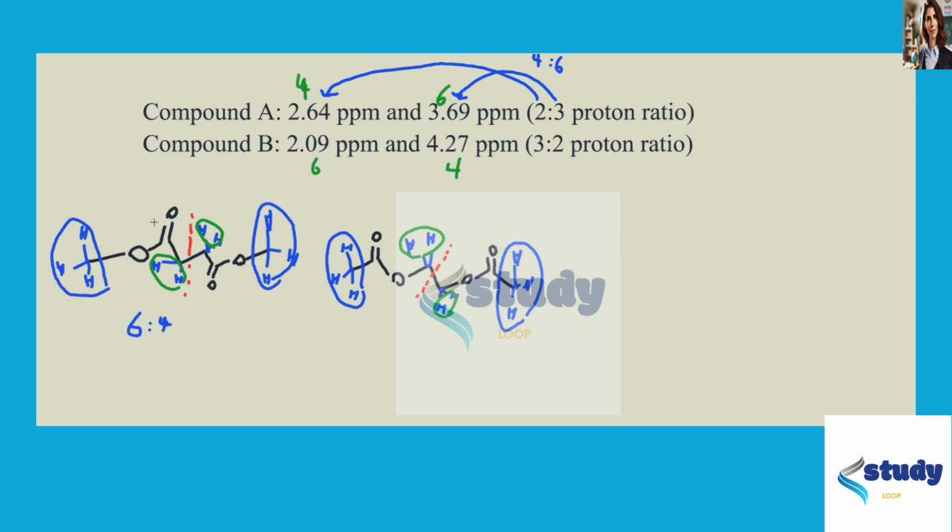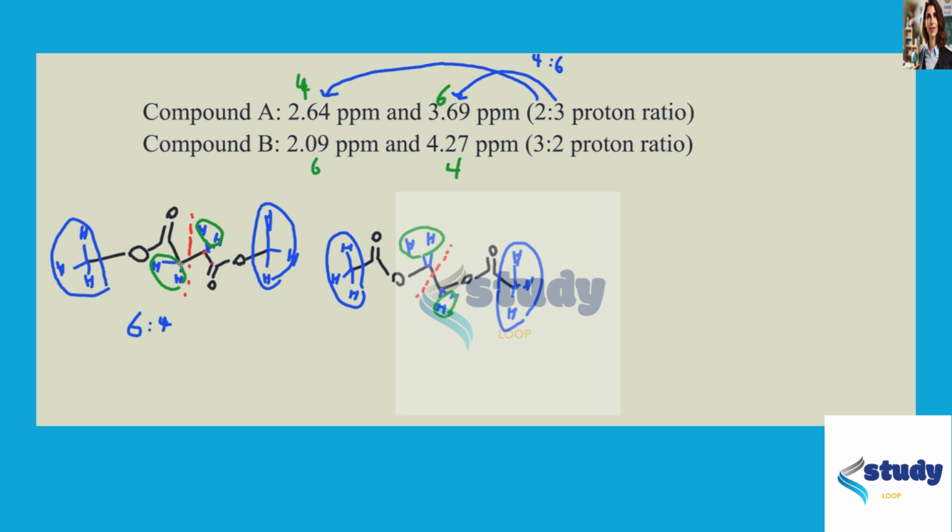Let's start with B. We want to find something with 4 protons that's most downfield shifted. Let's look at the left molecule. We have 4 protons here. These are chemically unique protons. They're all identical to each other, but they're chemically unique from these 6 protons around them. And we know that this carbon that has these 2 protons is directly bound to a carbonyl carbon and another carbon center.